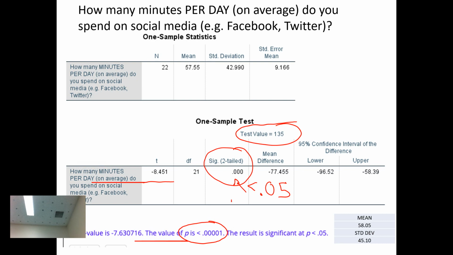So what I'm saying here is that the value is so low that it gives 0.000, which is less than 0.05.